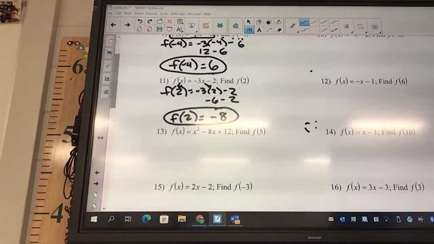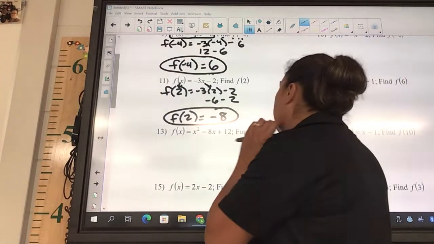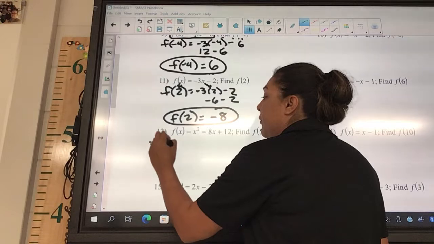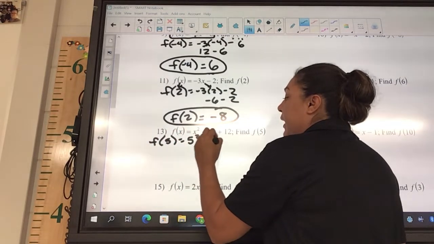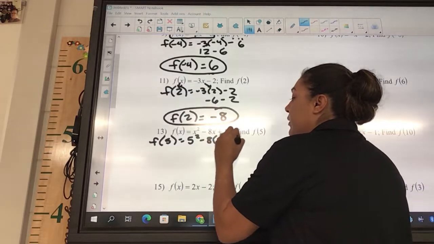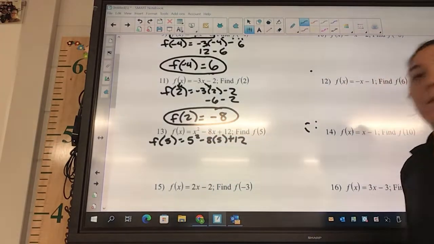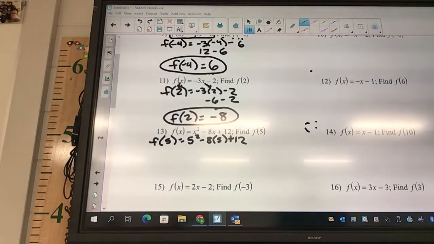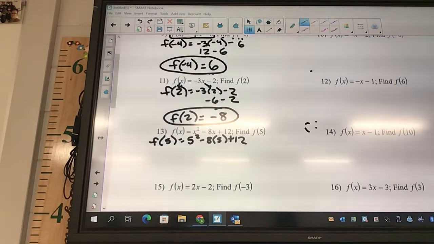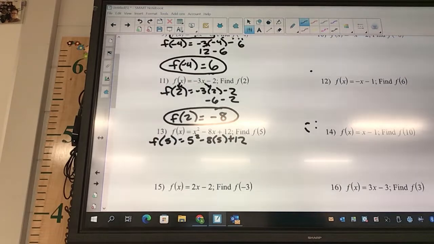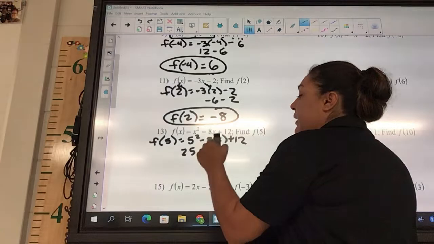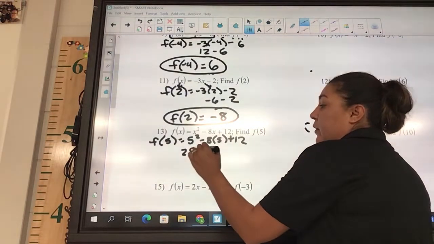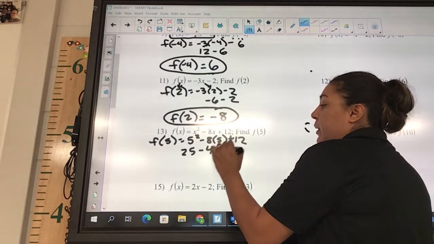Okay, 13, what are we trying to find? F of what? F of 5 equals 5 squared minus 8 times 5 plus 12. Most of these you could just type on your calculator from the get-go. What is 5 squared though? 25. What is 8 times 5? 40 plus 12.